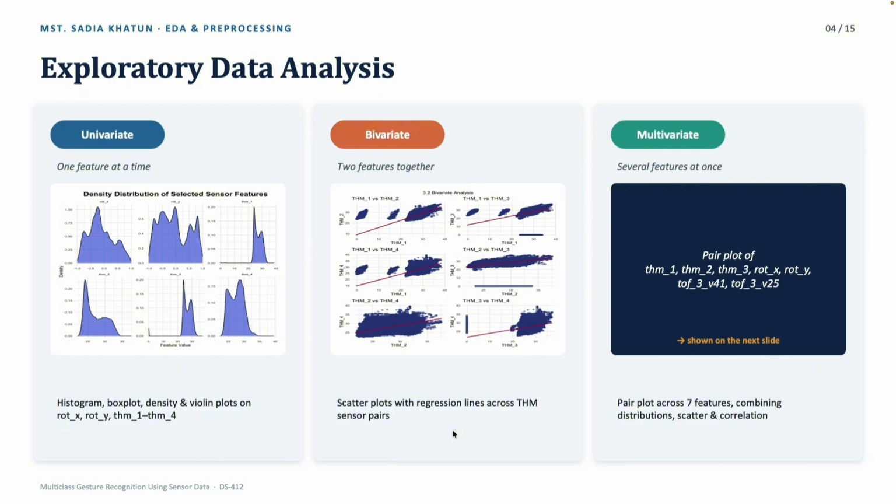Next, we performed bivariate analysis to examine the relationship between two features using scatter plots and regression lines. Finally, we used multivariate analysis and pair plots to observe the relationship among multiple sensor features. Overall, this EDA process helped us understand our data better before moving to the pre-processing stage. Now let's move to the feature distributions and outlier analysis.